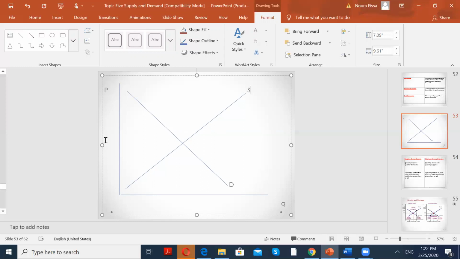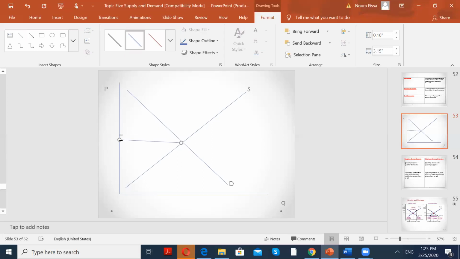Okay, now once you graph demand and once you graph supply, you have to show equilibrium. Where is equilibrium? This is the point of intersection, and I need to show equilibrium price and equilibrium quantity.